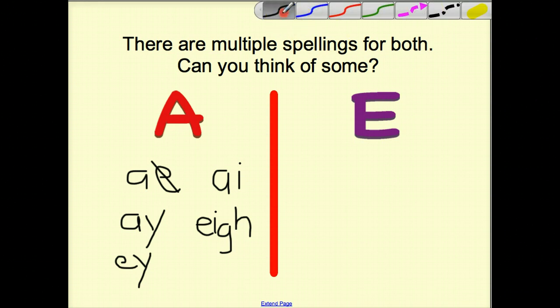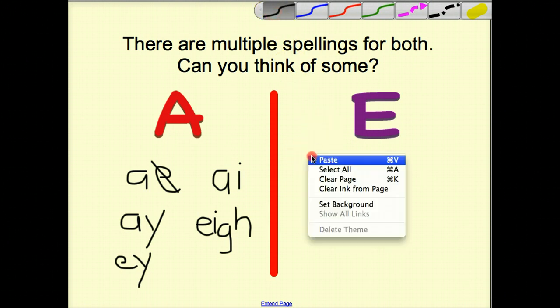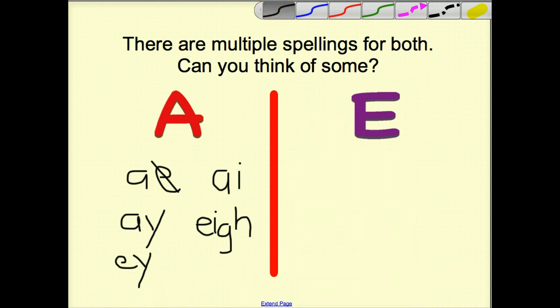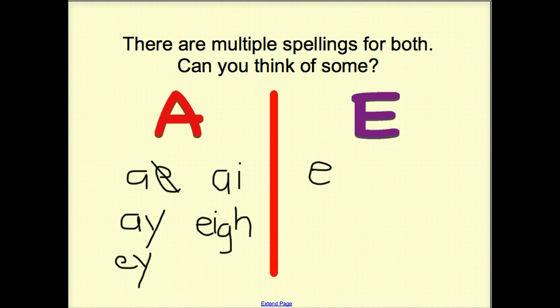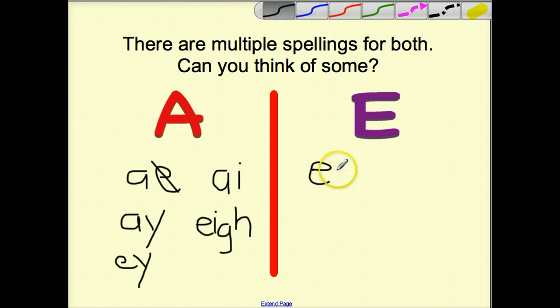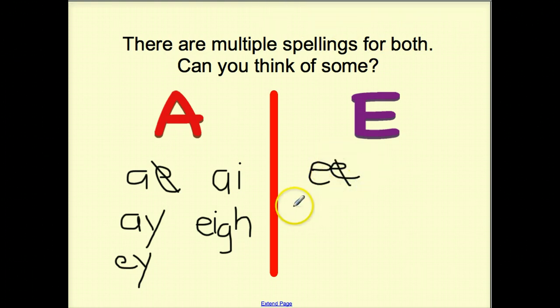Okay, and maybe let's talk about some of the spellings for long E. Long E. What are some of the spellings for long E? Well, maybe you are thinking about E, silent E. Or maybe you were thinking about E, A. Maybe you were thinking about double E. Okay?